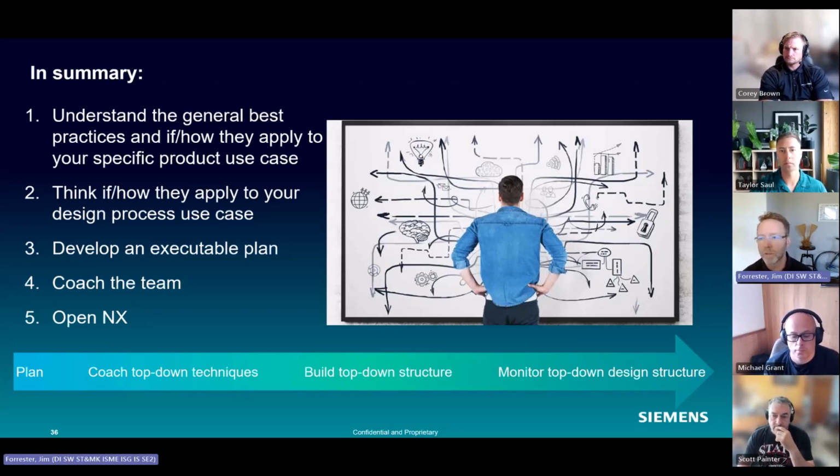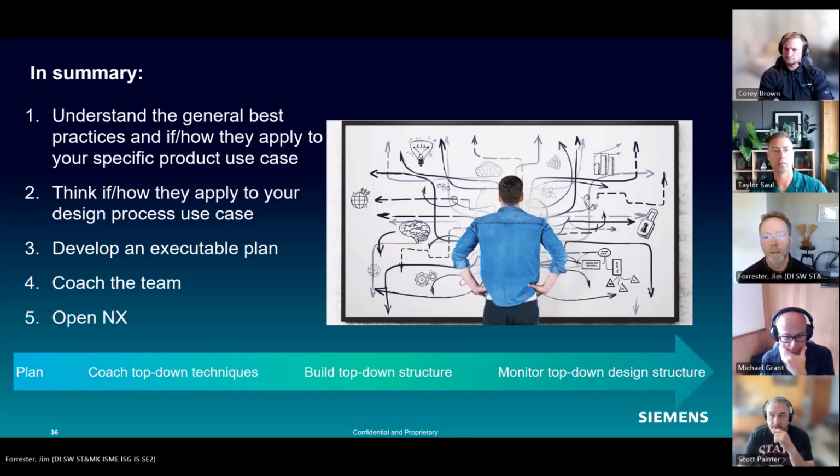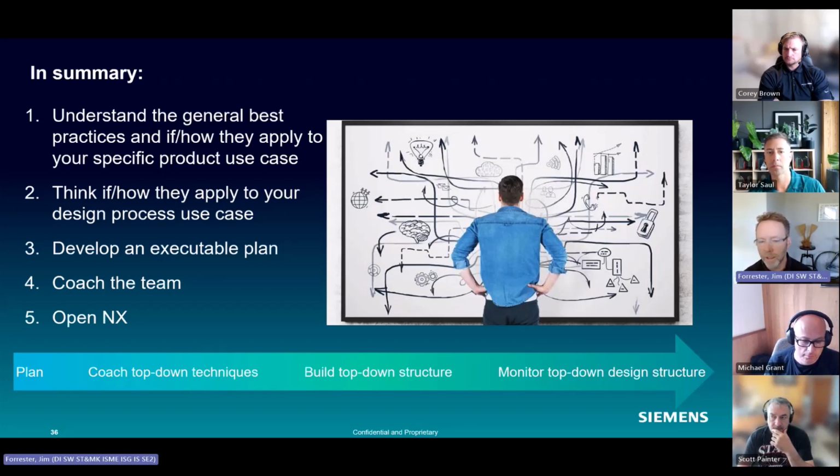What are the design rules of thumb? Once you've thought about that over a few days or a week, then it gets pretty clear pretty fast what it's going to look like. And then it's a matter of executing it.